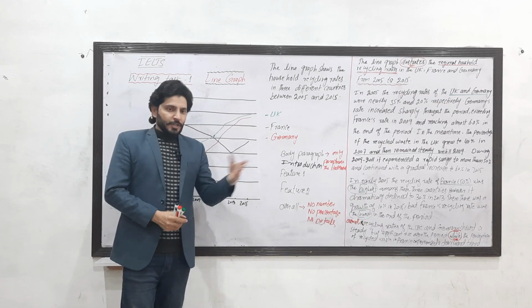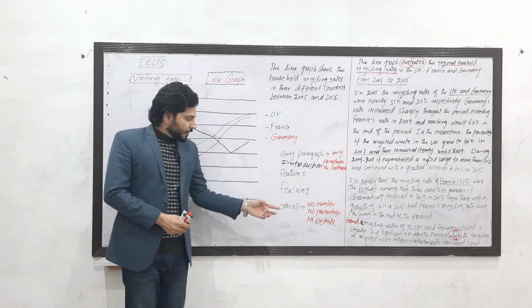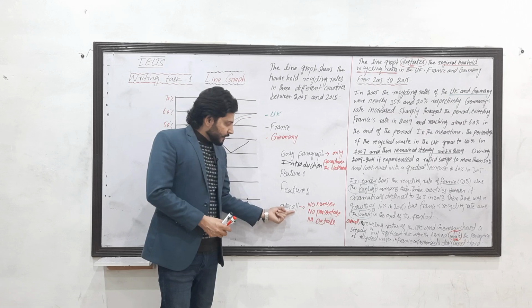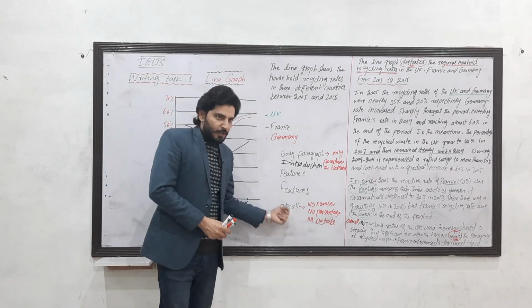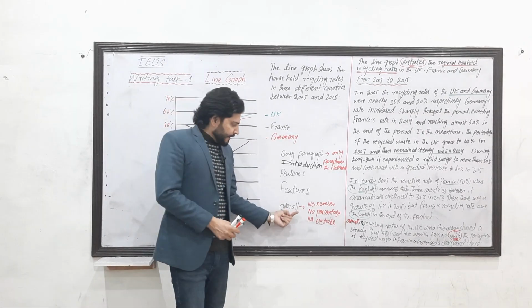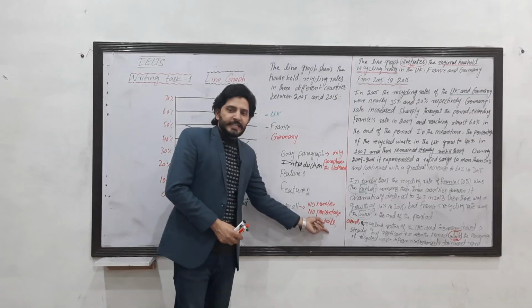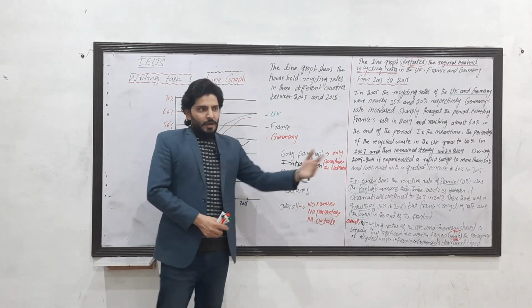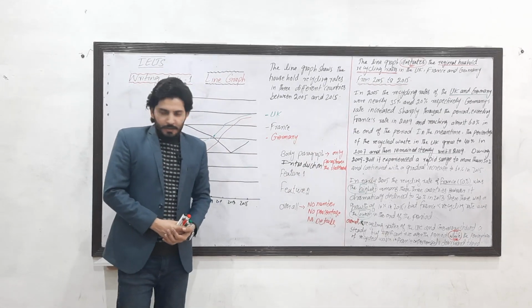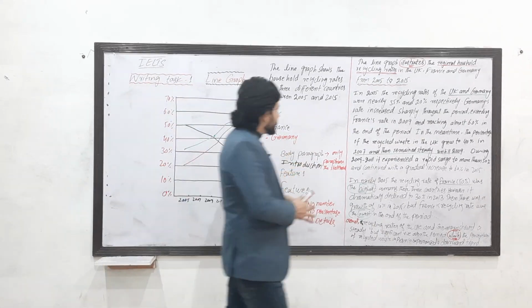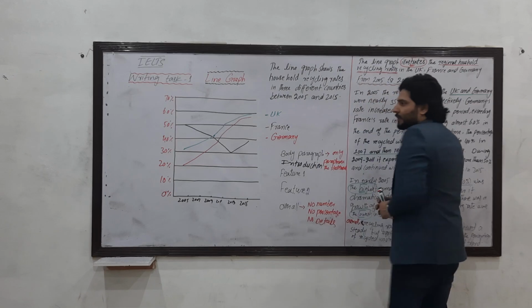As you write conclusion in essay, here you write a last passage starting with overall. And in overall, you don't write any number, percentage, or detail. You just give a general trend of the graph. So let's paraphrase the given statement.